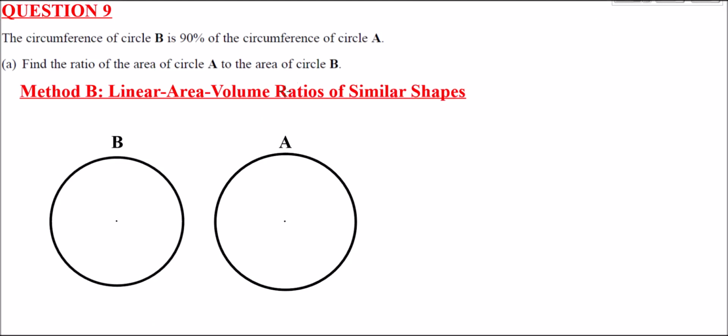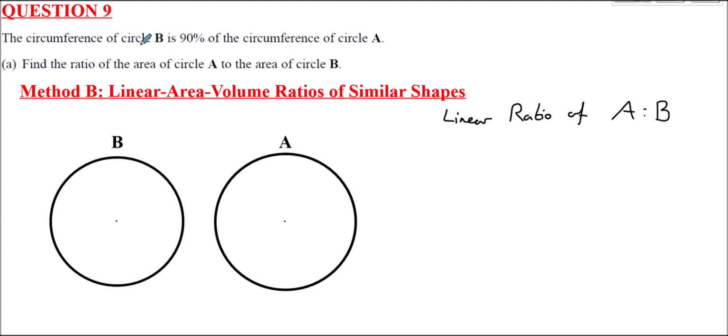Method B, applying directly from the start the linear area volume ratios of similar shapes, we can say this. So the linear ratio, now we want it in terms of A and B, so of A to B. Using this, the circumference is a linear measure.